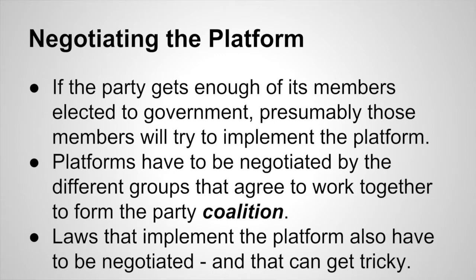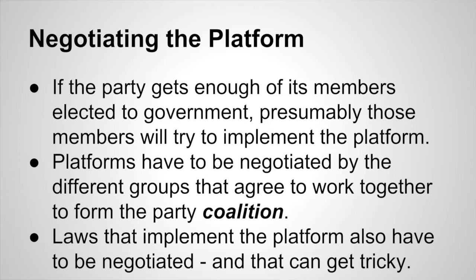Maybe Bob the Democrat is anti-abortion, while the Democratic Party platform supports abortion rights. Well, maybe Bob the Democrat isn't going to vote with the platform all the time, but he's still part of the coalition. He's still working with the party, and so that's kind of how that works.